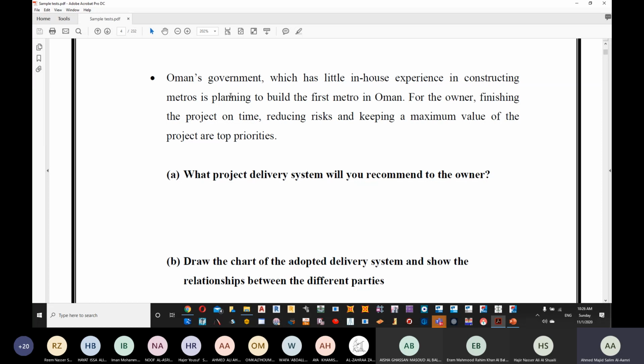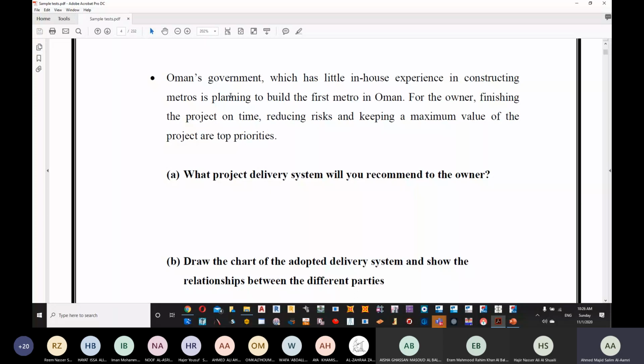Once again, in design build, okay, the risk is going to go to whom? Is it the owner, contractor, or whom exactly? The maximum risk in design build or traditional?